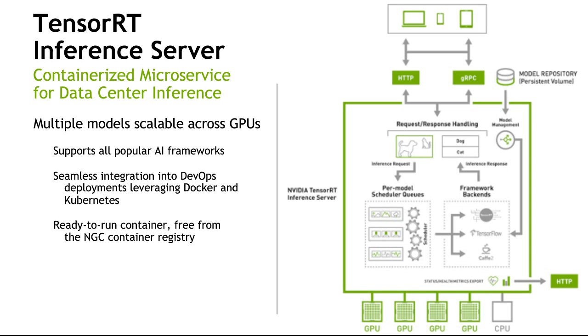It can handle multiple concurrent networks on a single GPU, so you can fully load GPUs and keep them fully occupied, and reduce the number of resources you consume. And it supports multiple frameworks: TensorFlow, TensorFlow and TRT, TensorRT, and Caffe2.